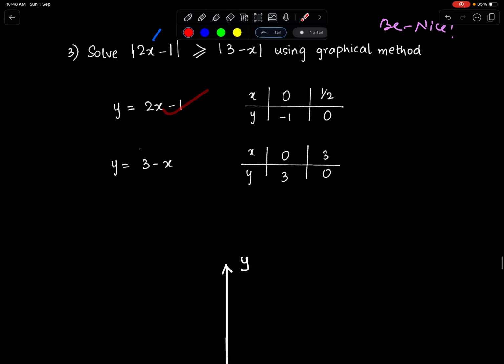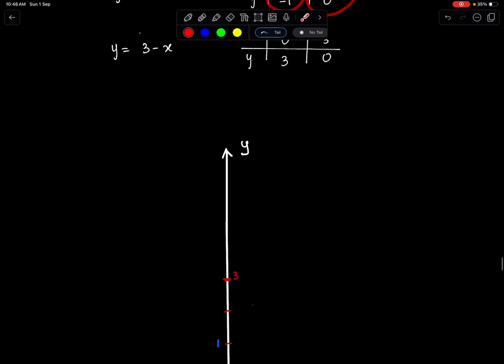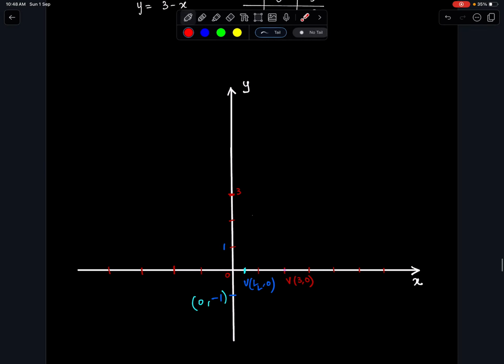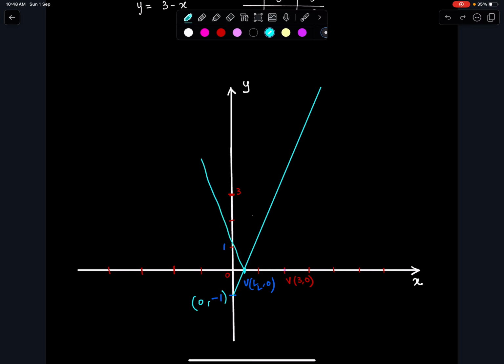So the coordinates are 0, minus 1, and half, 0. When we reflect 0, minus 1 about the x-axis, we'll get 0, 1.